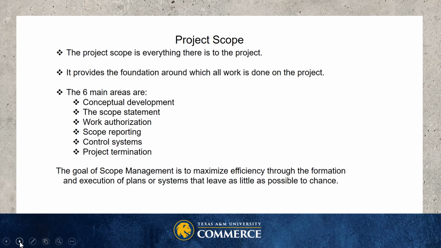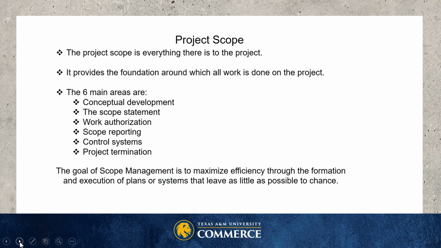Then we have scope reporting, making sure throughout the process that we are compiling our documentation so that anybody who is a project stakeholder and wants to see can see where we are within our project scope. Then we have control systems that happen during the execution phase, monitoring and control systems.